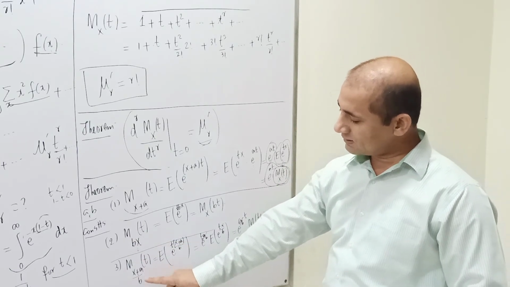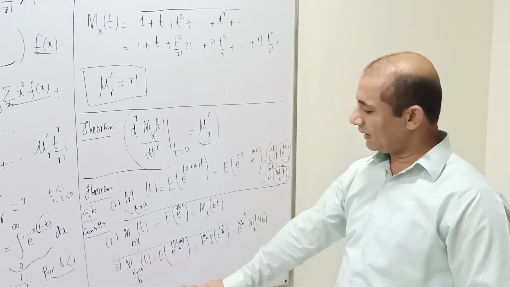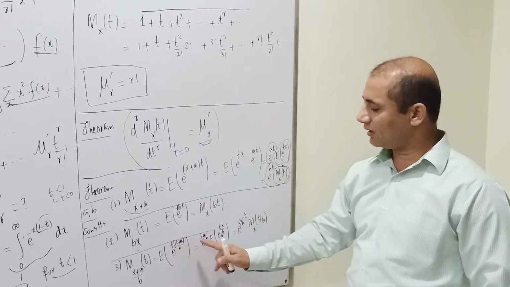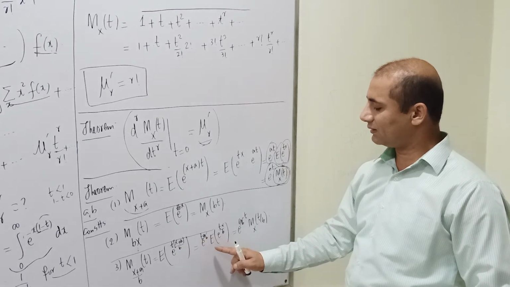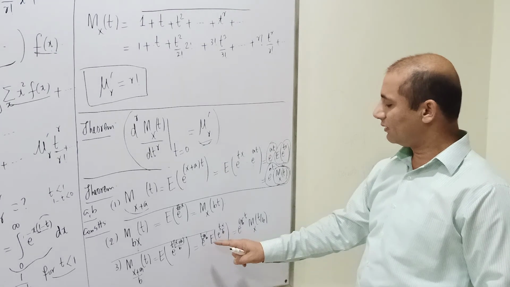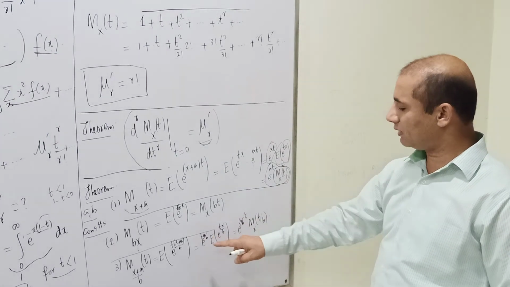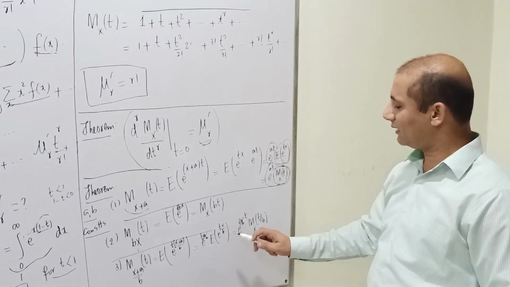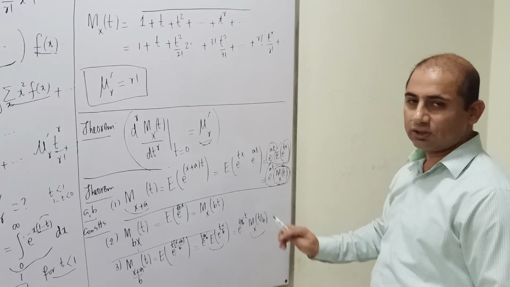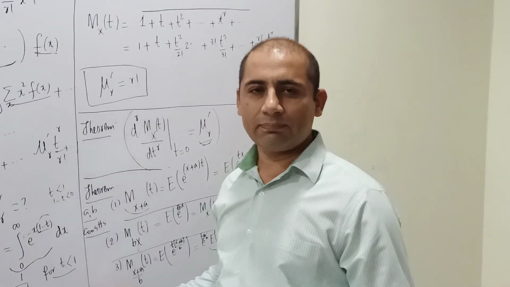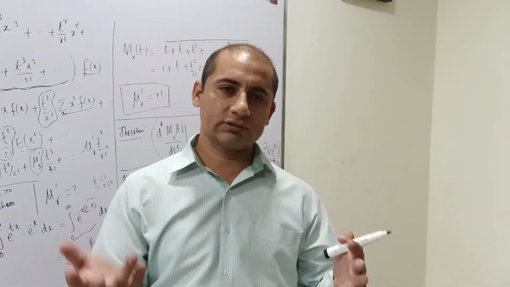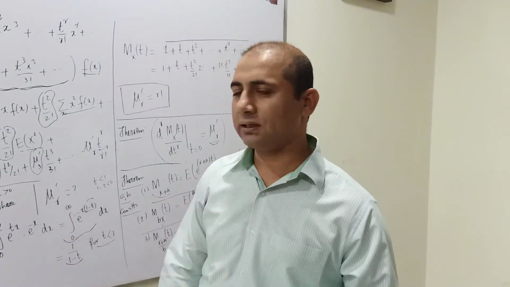Now we have (X plus a) divided by b, and this is the expectation of e to the power t(X plus a)/b, and then this becomes e to the power ta/b, and then we are left with the expectation of e^{tX/b}, and this becomes e^{at/b} times, whatever is left, we write it like this: M_X(t/b). So these simple identities we prove for our later use, and there is nothing difficult in this.